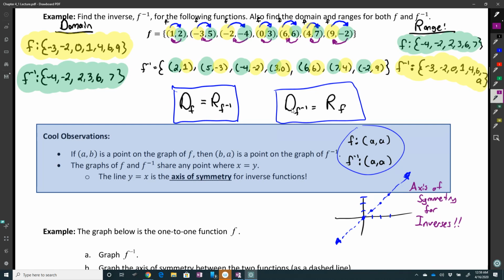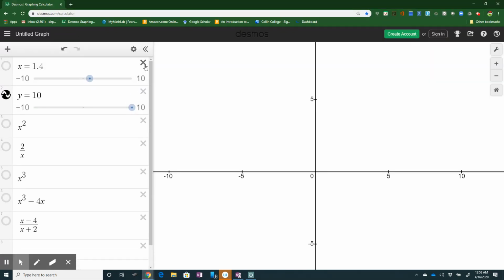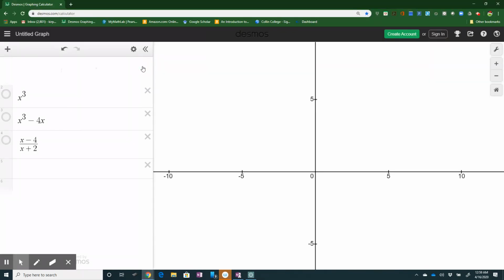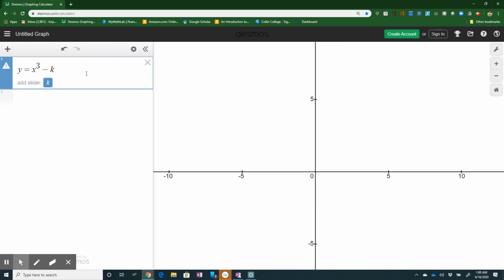Okay? So I want to show you on Desmos this real quick. Let's say I have the equation y equals x cubed minus 2. I'll just put, you know what, I'll put minus k to show you something.